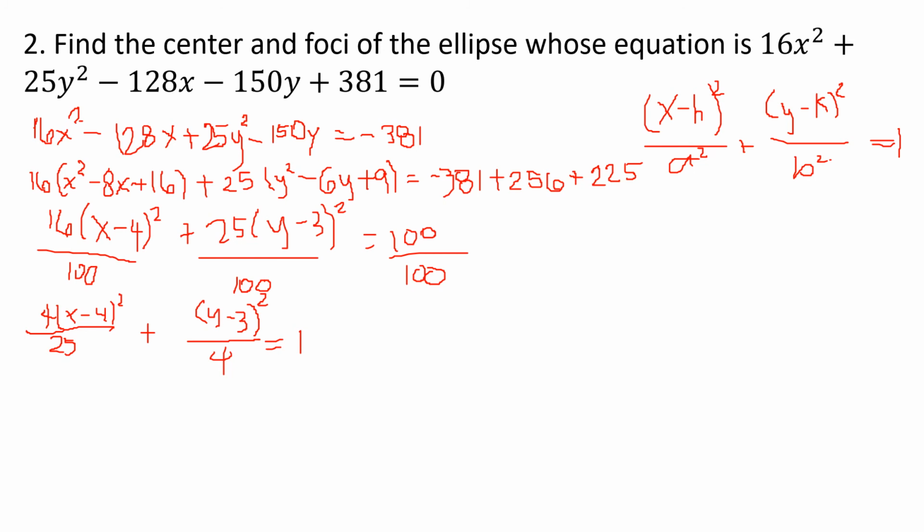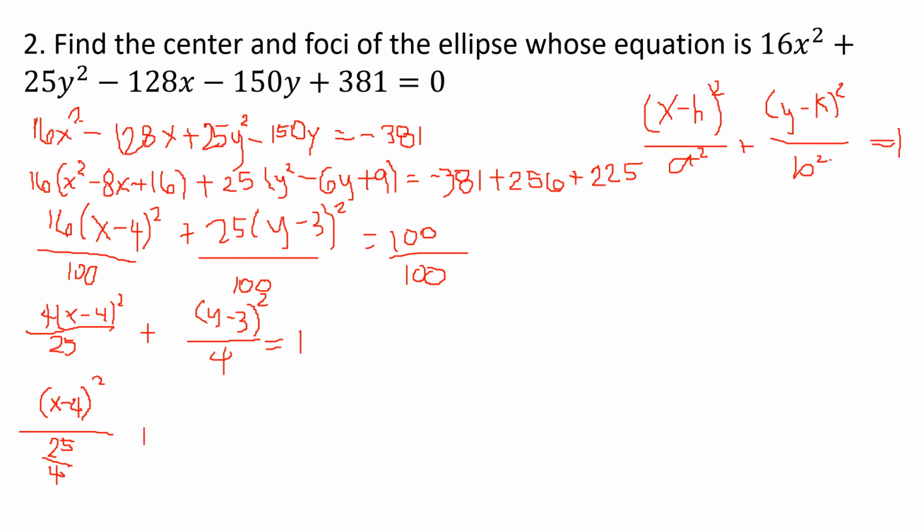Going back to the equation of an ellipse, take note that we don't have a constant number outside the parentheses of x minus h squared. So how can we remove the 4 here? We can divide by 4, or use complex fractions. So this becomes 25 over 4 by its reciprocal of 4 over 25, that is 25 over 4, or I just divide the 4 in this term.